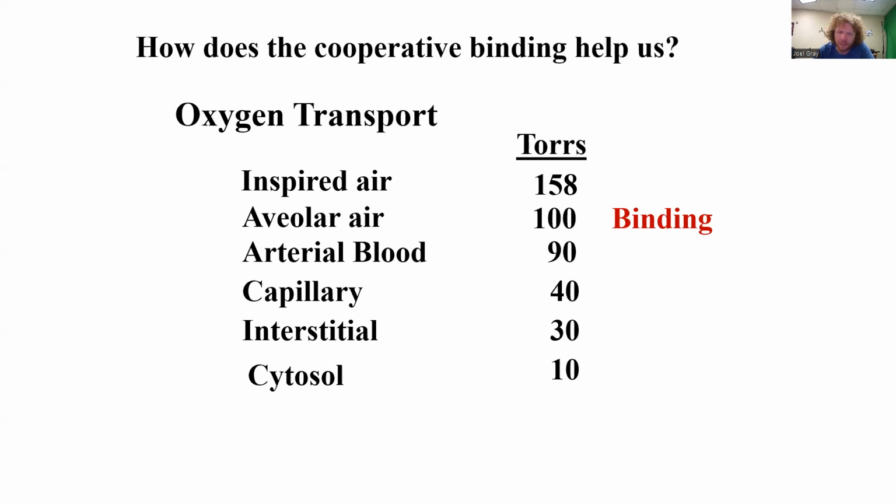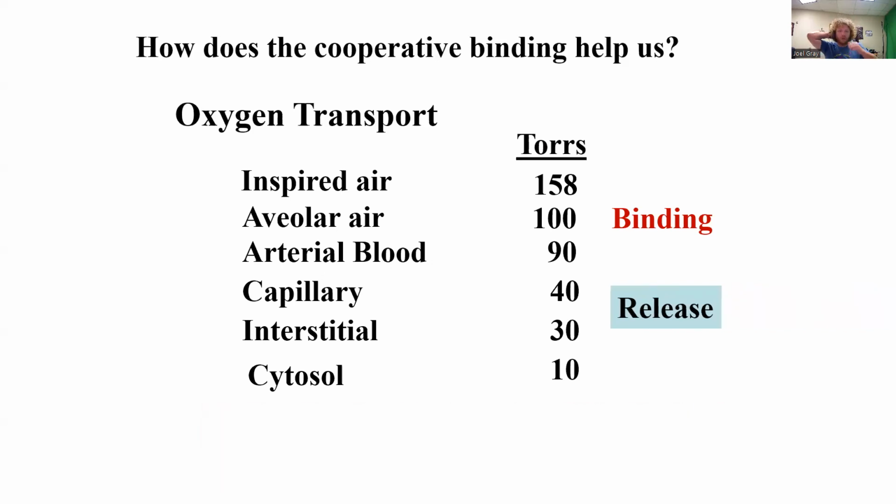Meanwhile, in the capillaries, our O2 concentration drops considerably. In the interstitial space, it drops even more. In the cytosol of a cell, it's about 10 torr. So our O2 concentration drops a whole lot, and so that's where we're going to see that release.